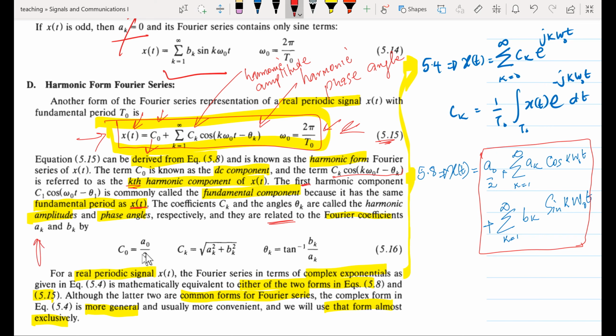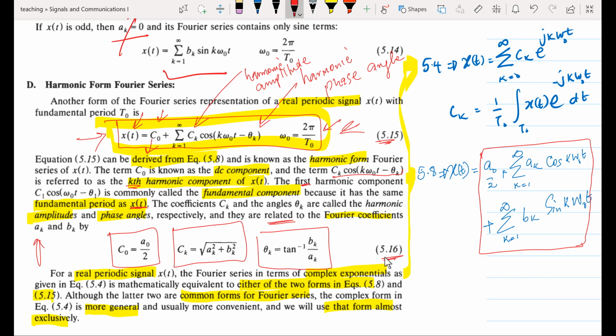C naught takes the same value as we mentioned before, and Ck may be expressed as the square root of ak squared plus bk squared, and similarly tan inverse of bk over ak will give you the kth harmonic phase angle, as expressed in equation 5.16.